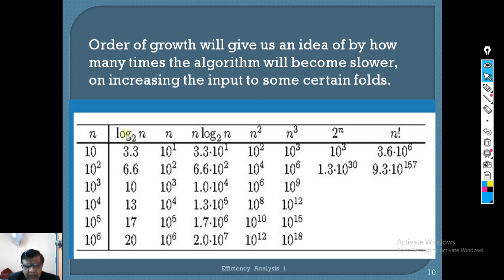If the input size is 100, it is 6.6, only 6.6 times the basic operation gets executed. And this is 10 square, 100 times, 6.6 into 10 square, 10 to the power of 4, 10 to the power of 6. And here you look at this. Exponential complexity is huge, and factorial complexity is still huge.